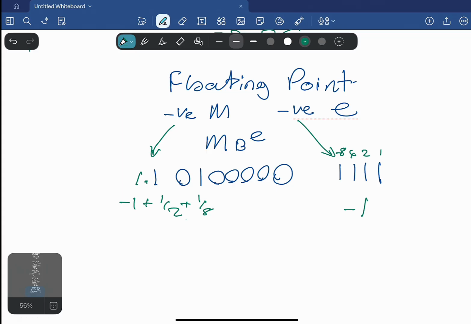So overall that is 5/8, but we're adding that to the minus 1, remember, so we end up with minus 3/8. And if we were to calculate that and turn it into a decimal number, it would be minus 0.375. Again, that would be the answer you could give in an exam.